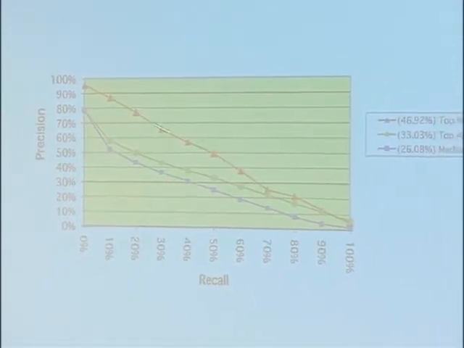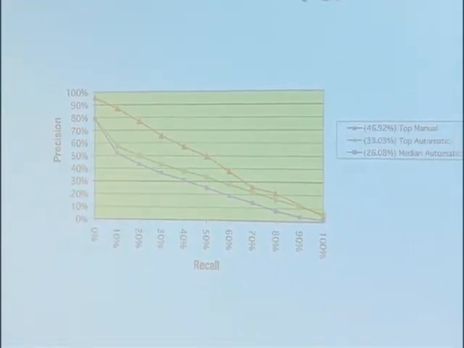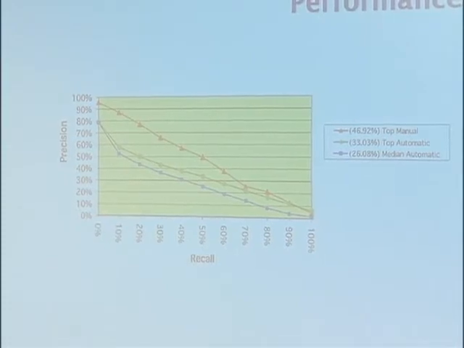And this is the best manual run where a person was in the loop trying to do the same task. So we can see that there's a fairly big difference between these systems in terms of the distance between these curves.